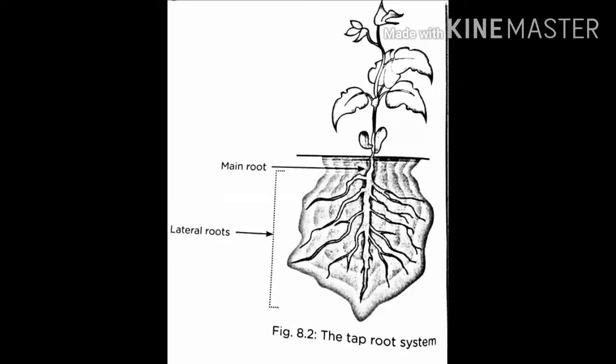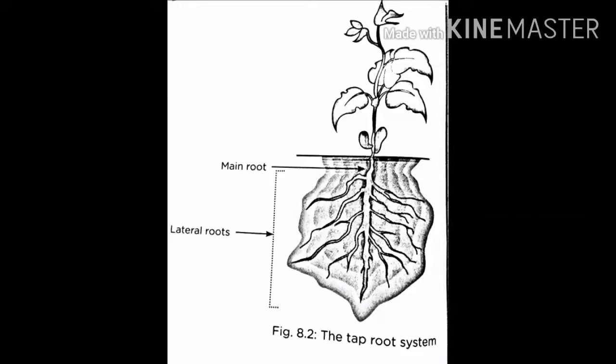First we'll see the tap root system. This type of root system has a main root or primary root, with lateral roots coming out from the main root.